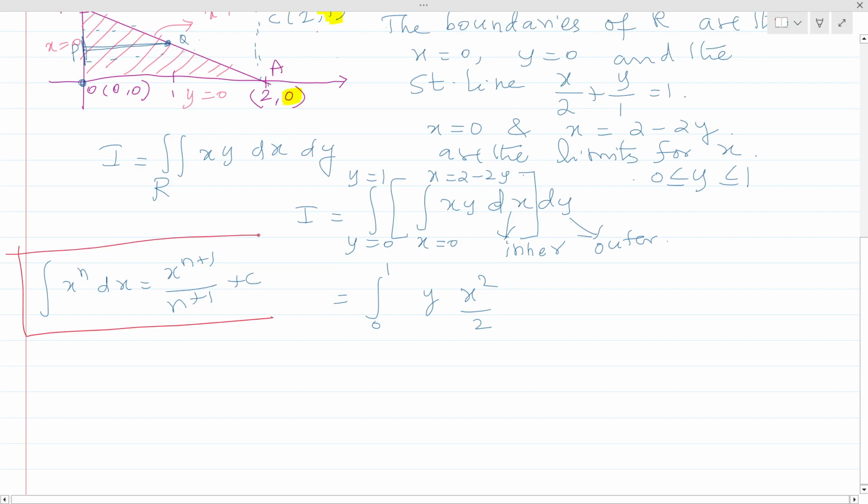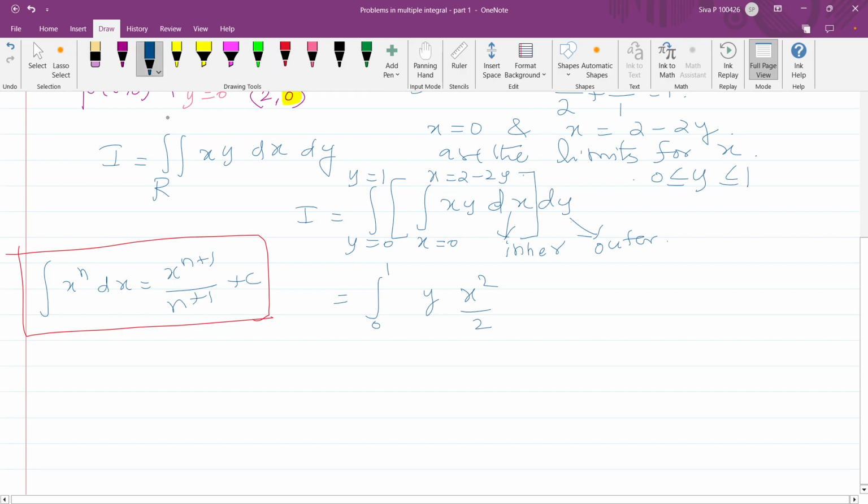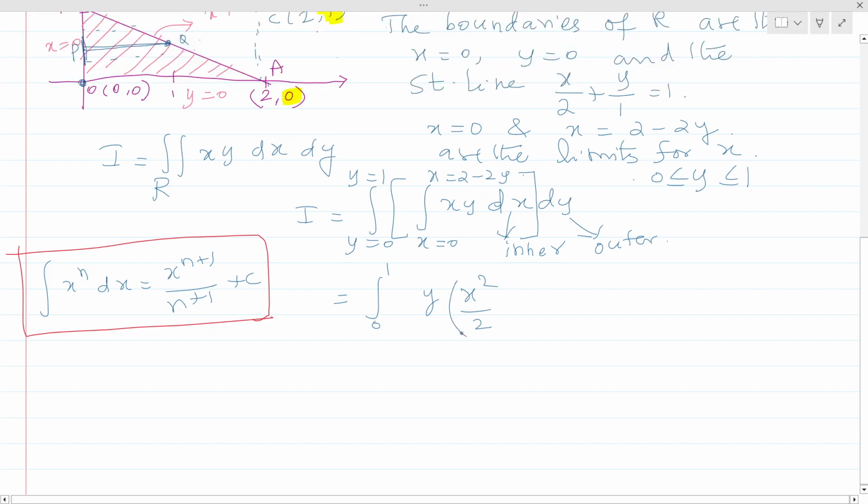It's the formula of the integration. So using this formula, we can integrate here y x square by 2. What are the limits here? Already it is given, x equal to 0 to x equal to 2 minus 2y, dy.